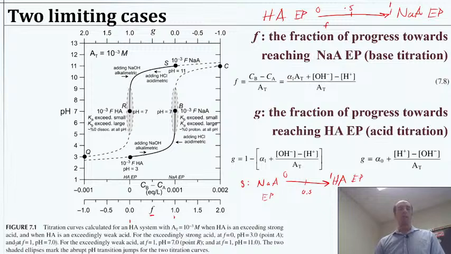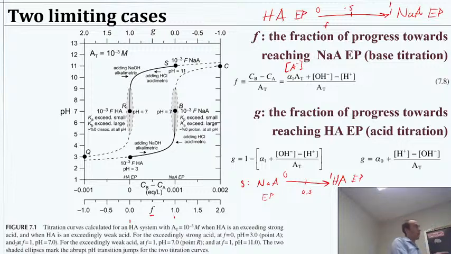Another way we can write this, we can get Cb minus Ca in terms of the fraction of acid there. So alpha 1, excuse me, that's the fraction that is A minus, right, for an HA system, times the total amount of acid. So that gives us essentially here the concentration of A minus plus OH minus minus H plus, all that over the total amount of acid.